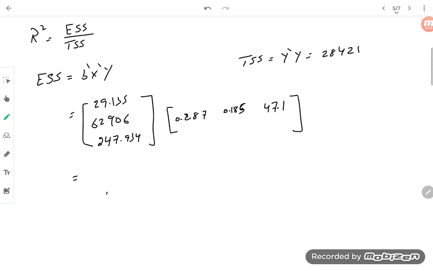So the value in this case will be 23351.43. Now we divide ESS by TSS in order to find R squared. So it will be 0.82, which means that 82% of the variation in Y has been explained by the model.